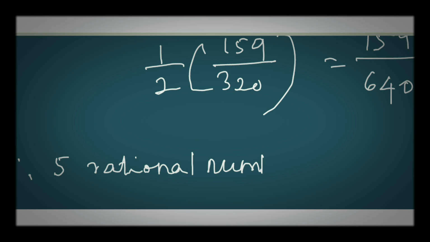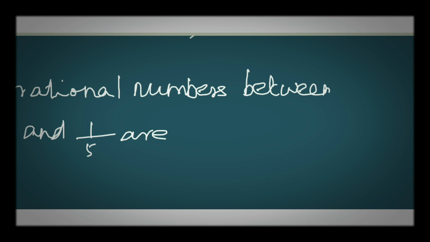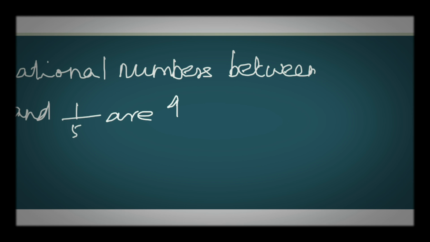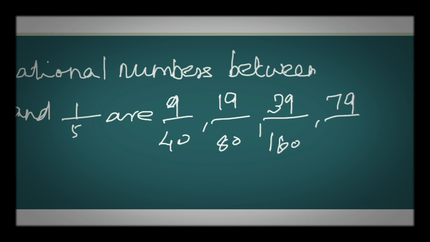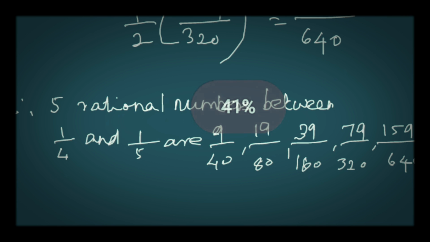The numbers in between are 9 by 40, 19 by 80, 39 by 160, 79 by 320, 159 by 640. So these are your numbers in between 1 by 4 and 1 by 5.